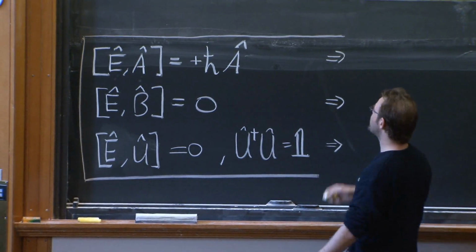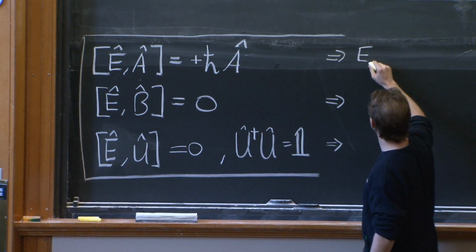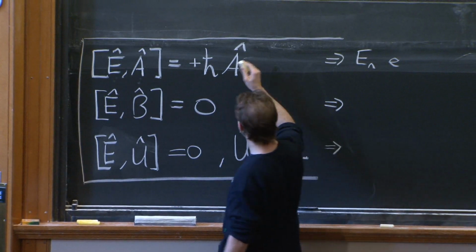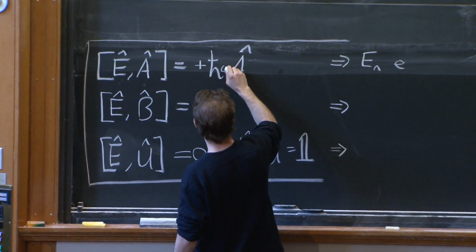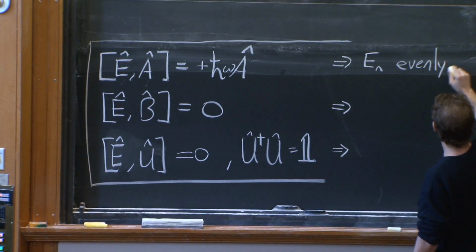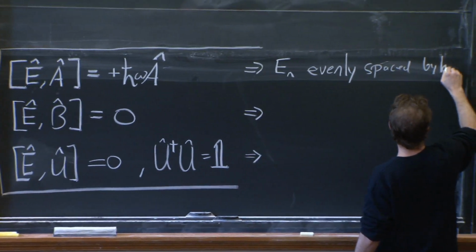It's a ladder, exactly. So this tells you that the spectrum of E, or the energy eigenvalues En, are evenly spaced, sorry, I need a dimensionful constant here, omega. Evenly spaced by h bar omega.